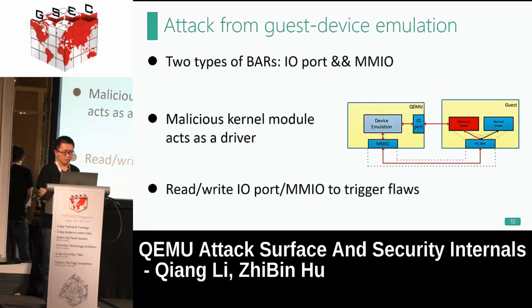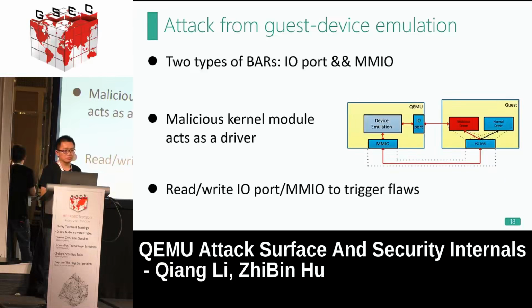There are two types of BAR: I/O ports in x86, so there are PIO and MMIO. As we know, the normal driver just reads or writes the BARs of devices.